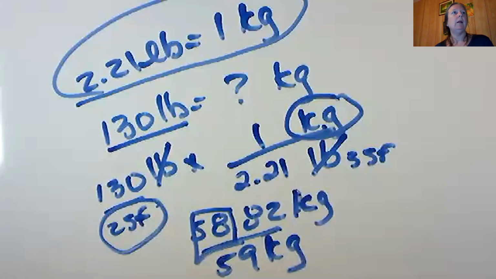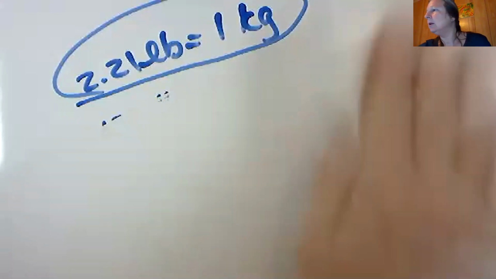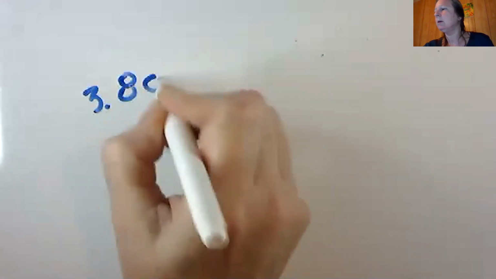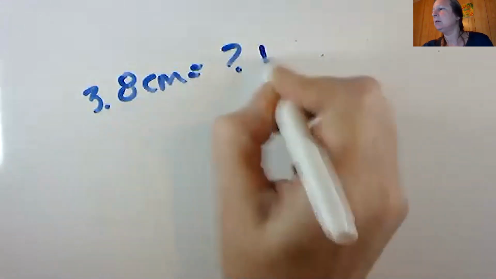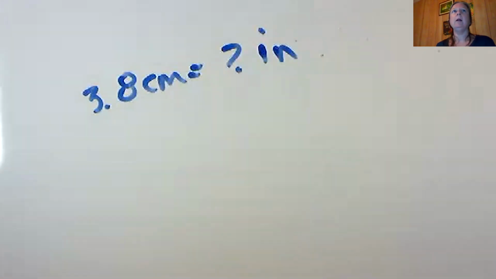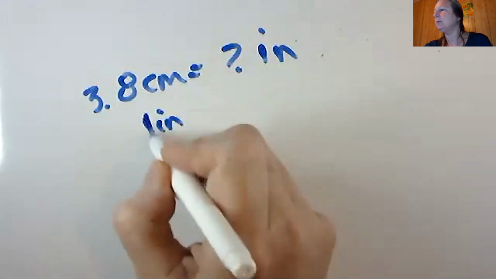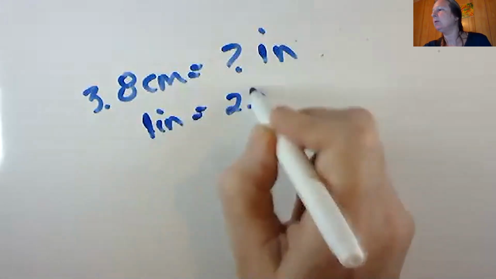Okay. The next slide, which I'm not going to switch over to right now, is converting 3.8 centimeters equals how many inches? All right. We're given a relationship that 1 inch equals 2.54 centimeters.